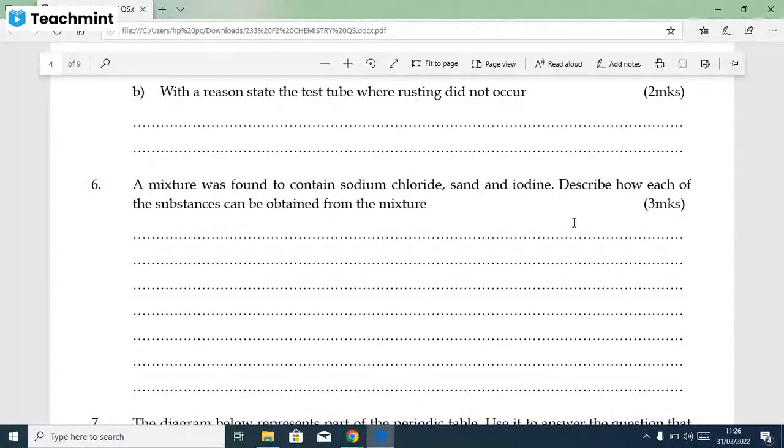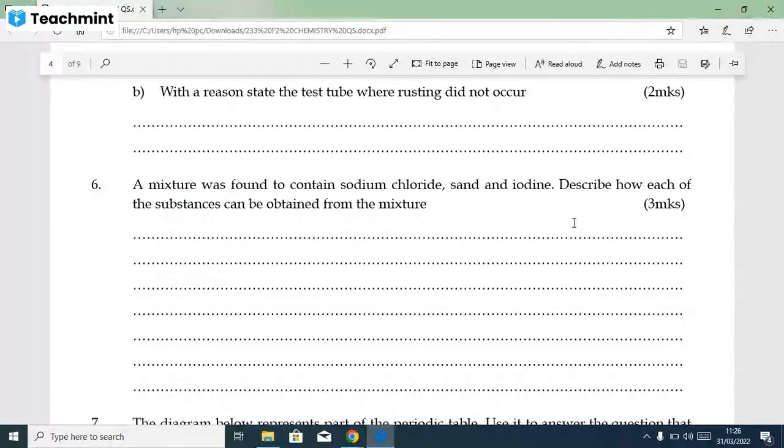Iodine will dissolve. Are you sure? After adding water, you stir, sodium chloride will dissolve.